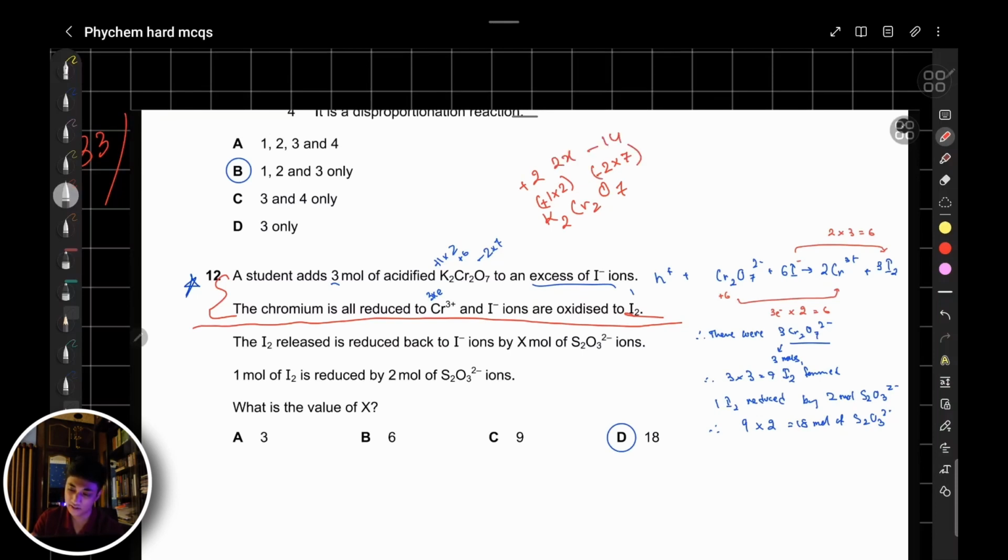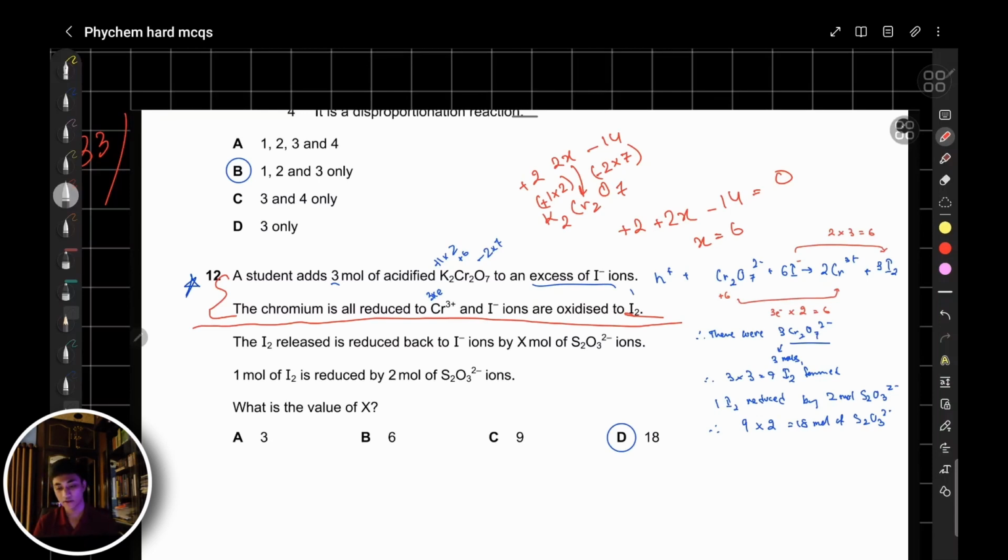You don't know x, but there are 2x. Chromium, I'm representing chromium as x. So, +2 plus 2x minus 14 is 0. So, if you substitute x, it's going to be 6. So, chromium has a charge of +6.